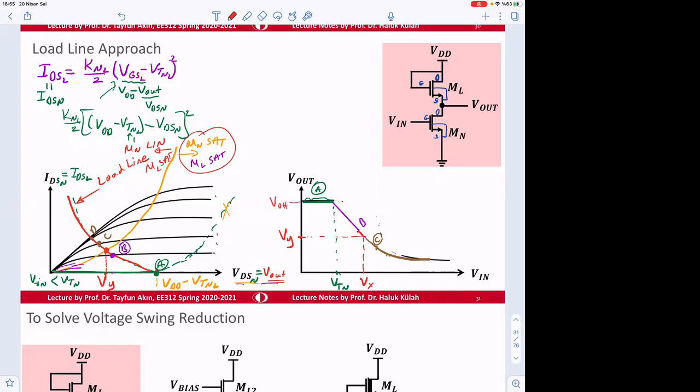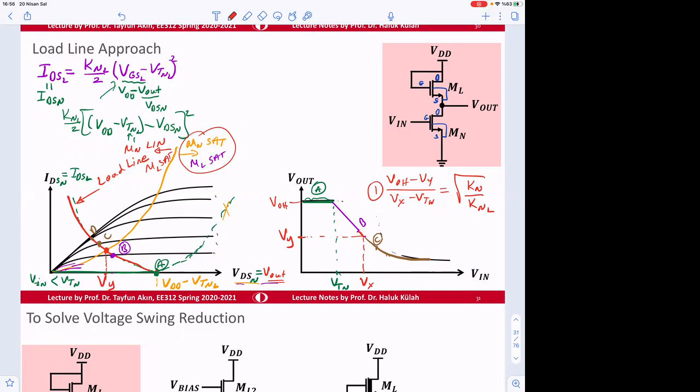We output high. So output high minus Vy divided by Vx minus Vtn is equal to what? Is equal to square root of Kn divided by Kn. So this is one equation, and then there was another equation.